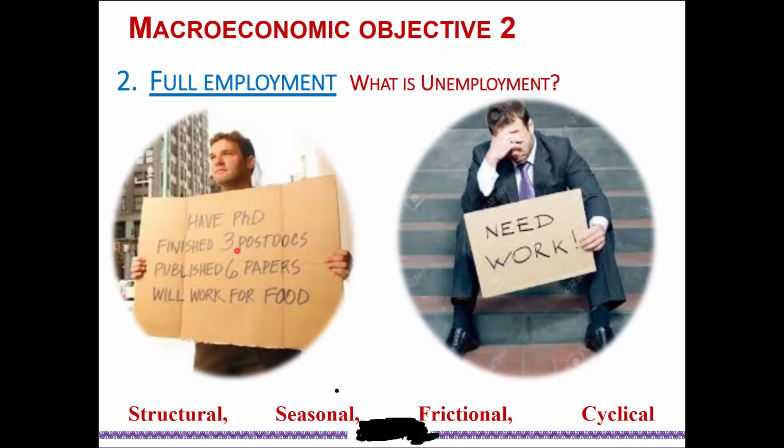And then cyclical unemployment occurs when the economy is in a recession. You'll see this when you're doing the business cycles. When the economy is in a recession, the unemployment rate is high, things are basically not doing well in the economy, and people get retrenched.